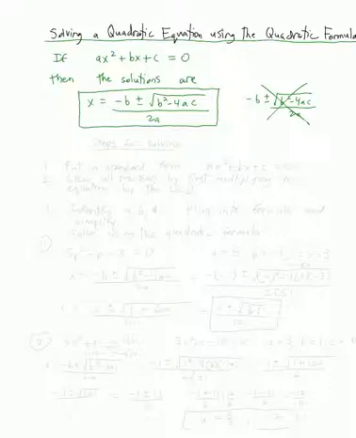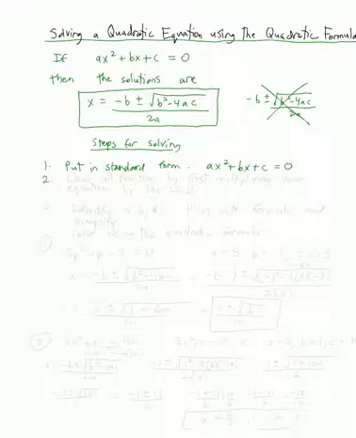Okay, so let's practice using the formula. And what are the steps first? Yes, there are a few steps you should go through first to make your life easier. So step one is always going to be to put it in standard form. Remember, standard form is ax squared plus bx plus c equals 0. You have to get it all equal to 0, and you have to put it in descending order.